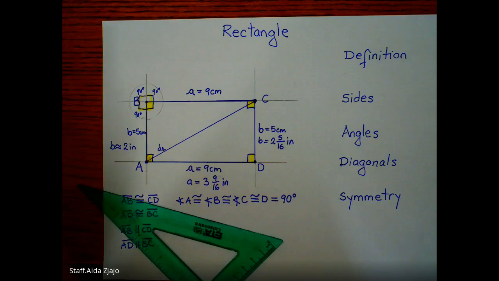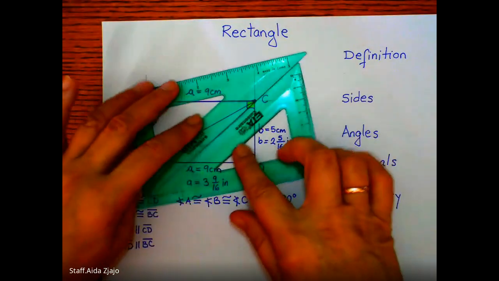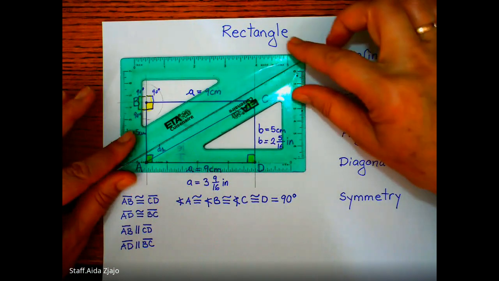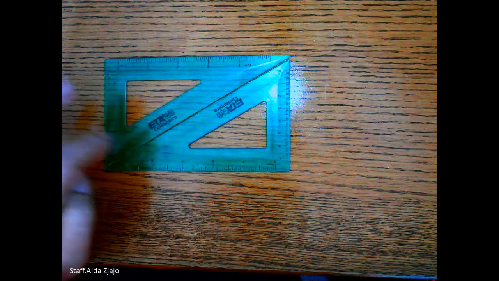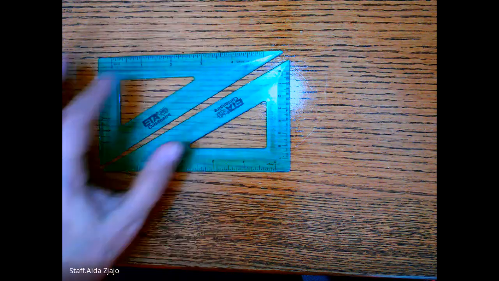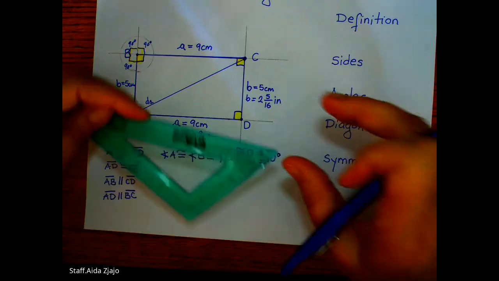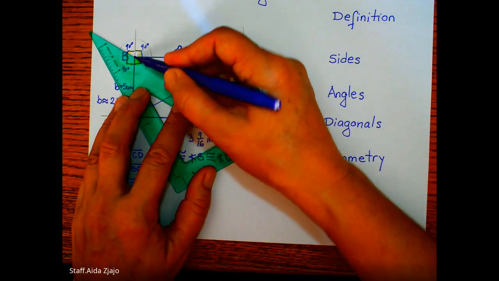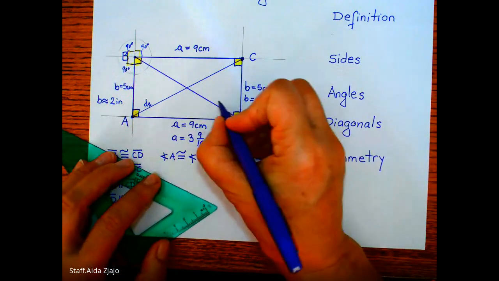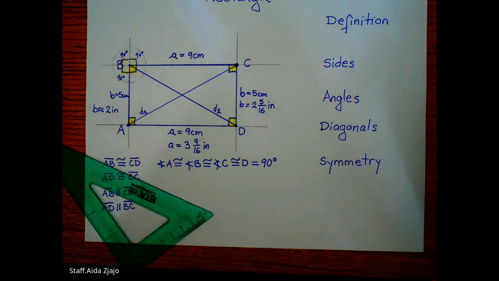I have my rulers, so I can show you. Another diagonal is between opposite points B and D, a line segment, and that is D2.